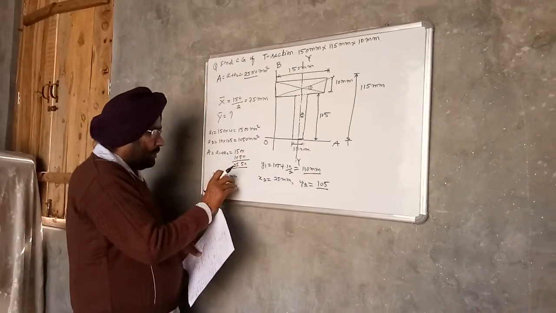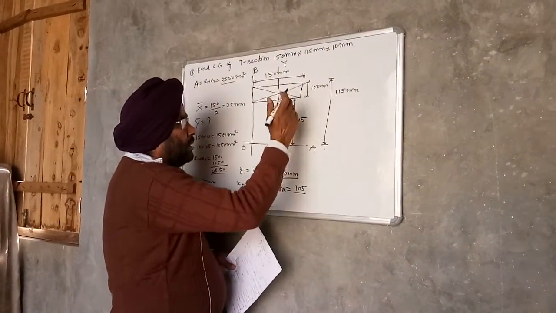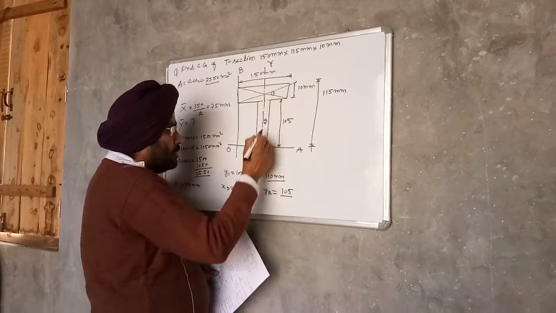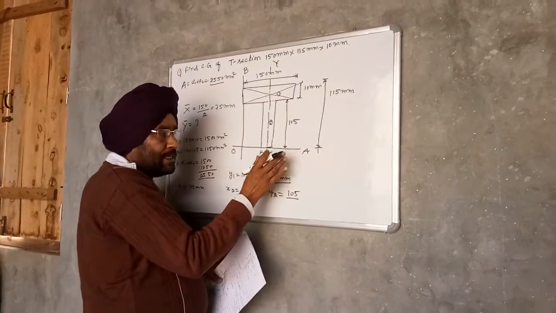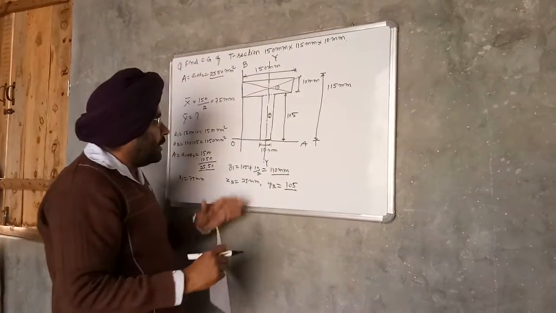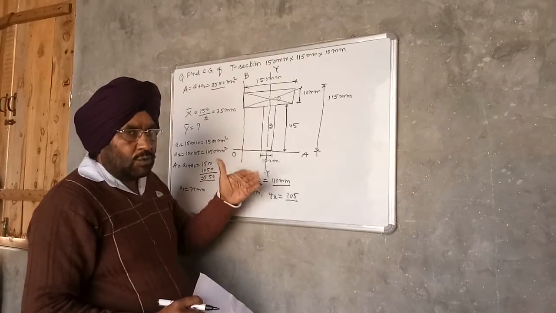Then x1, y1. So x1 is 75 millimeter and y1 is 105 plus 10 upon 2. So these are the two reference axes, OA and OB. With respect to these reference axes, we will determine x1, y1, x2, y2.